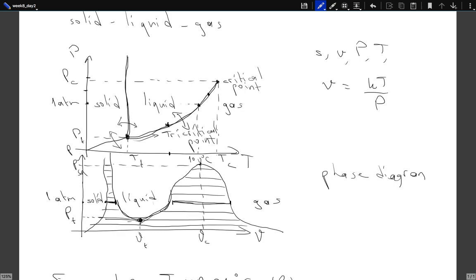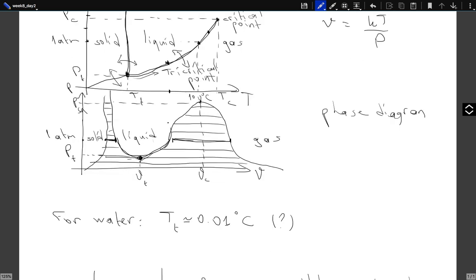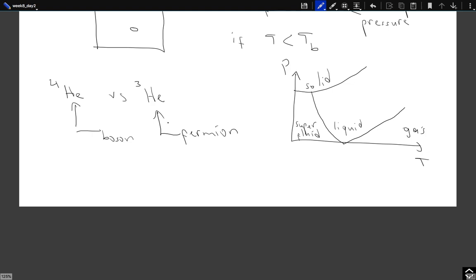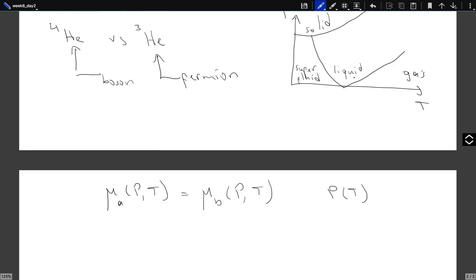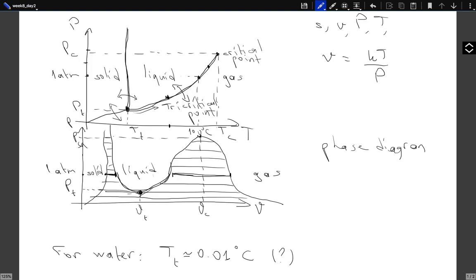Okay, let's go back to that line. You see, the coexistence of phases, let's say phase A and phase B, requires that the chemical potential of phase A, as a function of pressure and temperature, should be equal to the chemical potential of phase B. Now, what we are interested in is pressure as a function of the temperature, along this line.